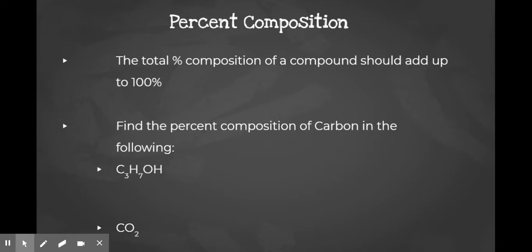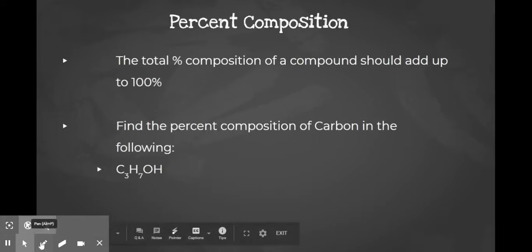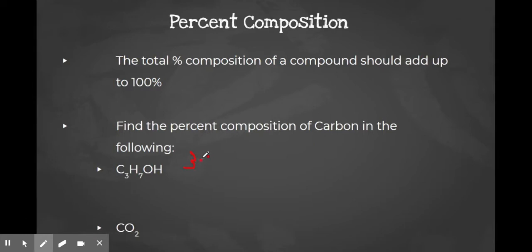So if we have 3 carbons, let me turn my pen on, sorry. So we have 3 times 12, which is equal to 36. So that's grams. That's the mass of the carbon.